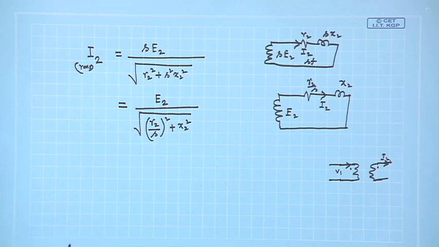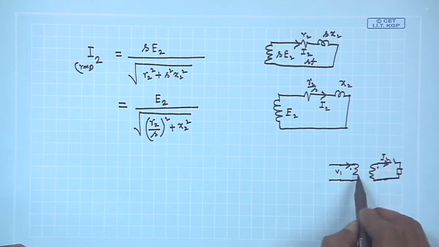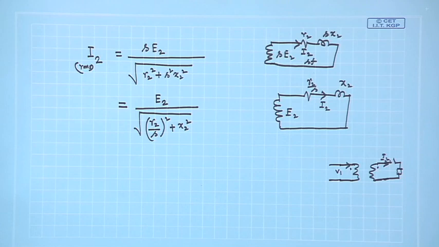Practically, there will be no change in the flux which was present when this switch was opened or when this switch is closed. The flux in the core of the transformer cannot change.